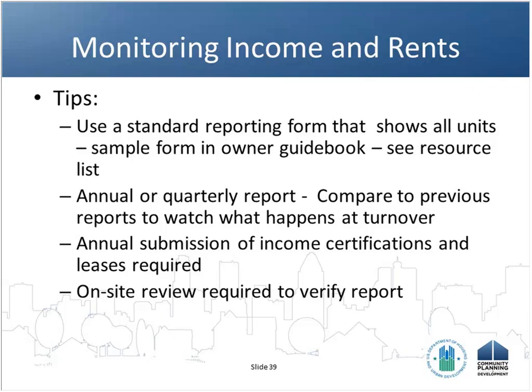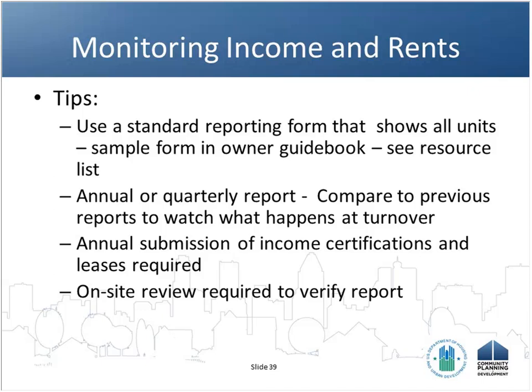The PJ would use those as a way to do a remote or desktop monitoring. If they saw things on that report that appeared to be an error, the PJ then, of course, would be contacting the project and asking for additional information.